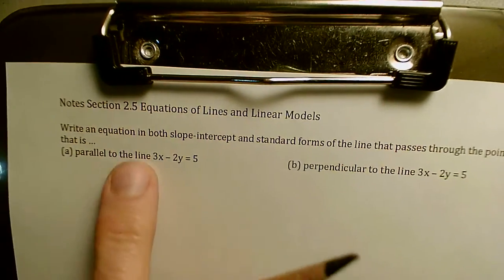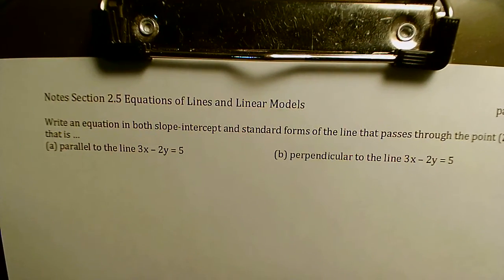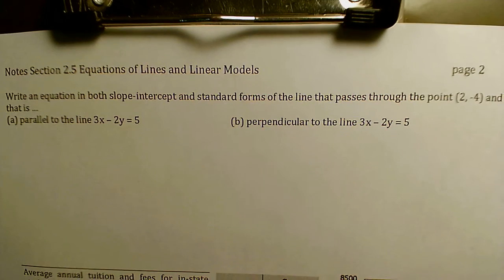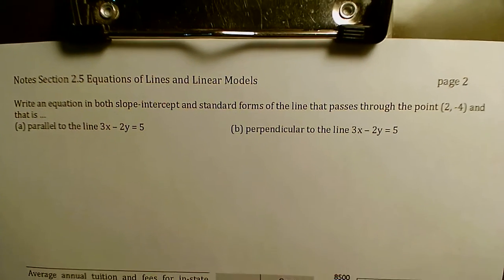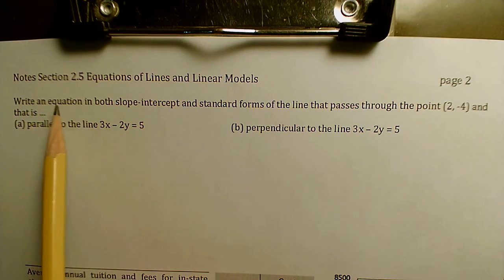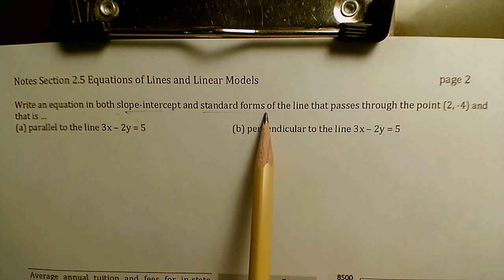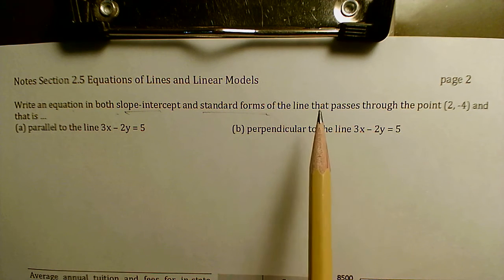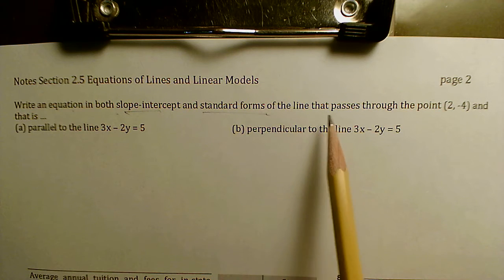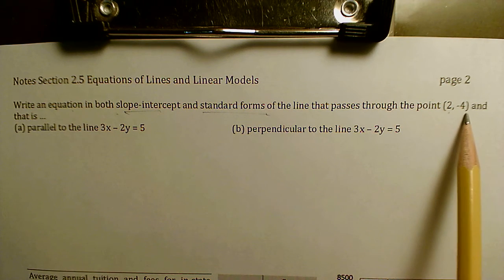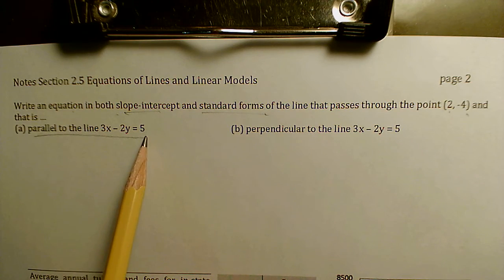continuing on section 2.5. All right, so now let's practice some of these things we just learned about parallel and perpendicular lines. So write an equation in both the slope-intercept and standard form, and probably good practice just to do all three of them, of the line that passes through the point 2, -4, and that is parallel to this given line.